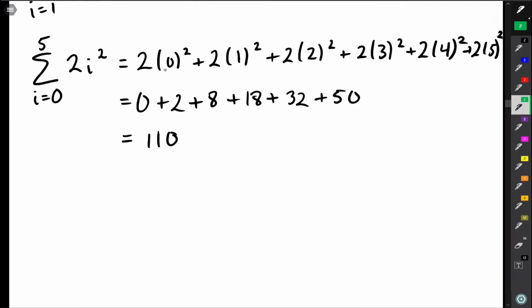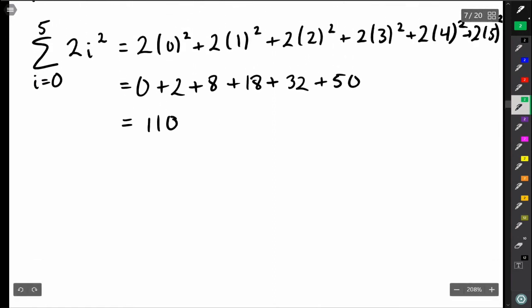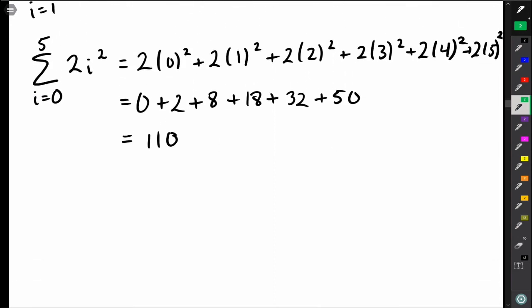The next number is 1, plug that in. The next is 2, then 3, then 4, and finally we get to 5. Then we add all of those numbers along the way, do some simplification, compute this, and bam, 110.